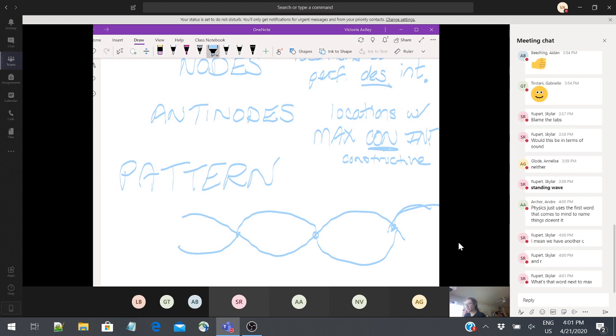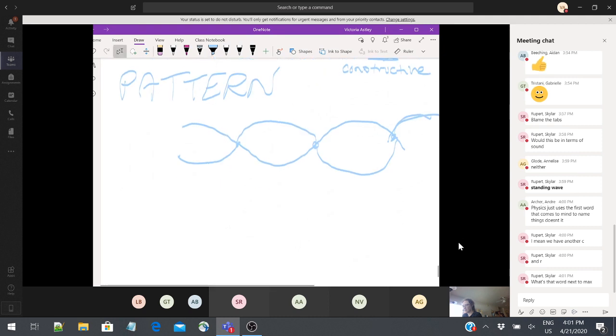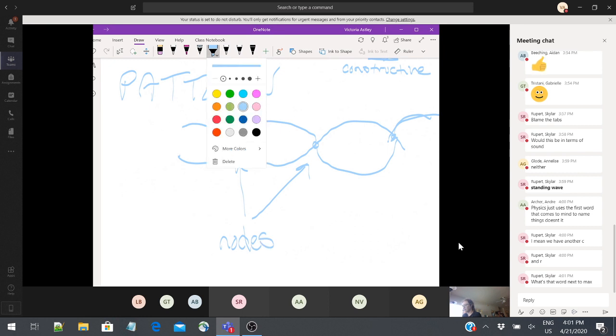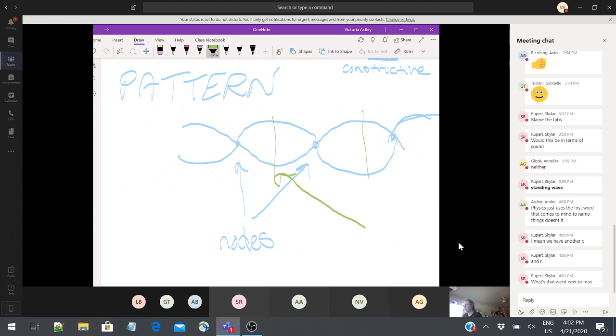So what we're doing is we're showing sort of both the top and the bottom, right? And then the places that don't move at all are just the places where it seems to intersect. Okay, so this and this would be nodes. And then right here and right here would be antinodes. Okay.